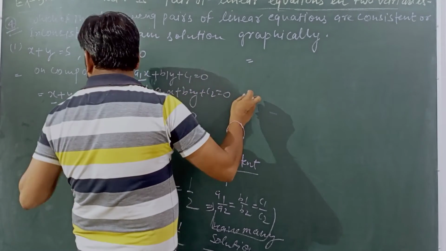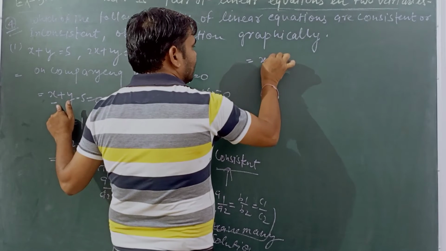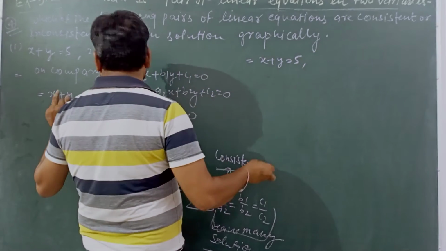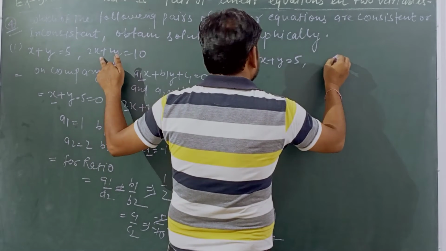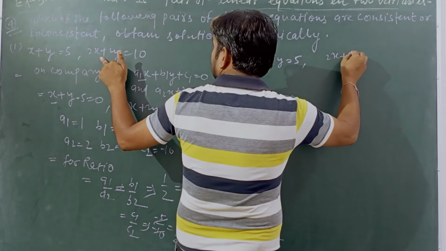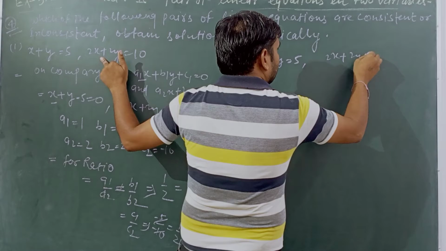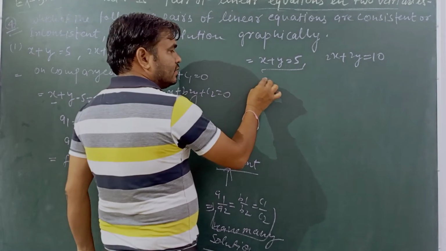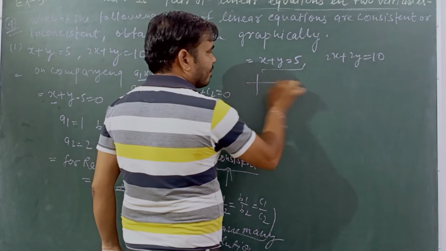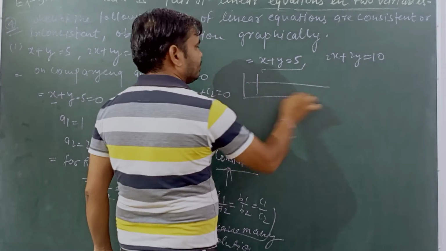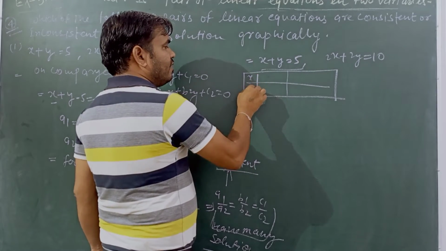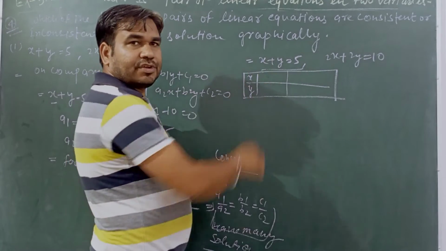First we take x plus y equal to 5, the first equation, and the second equation is 2x plus 2y equal to 10. Let me take the first and find x and y for this equation.